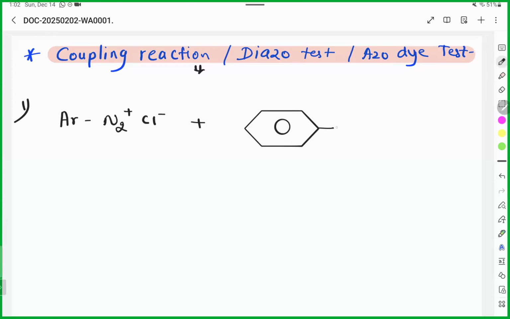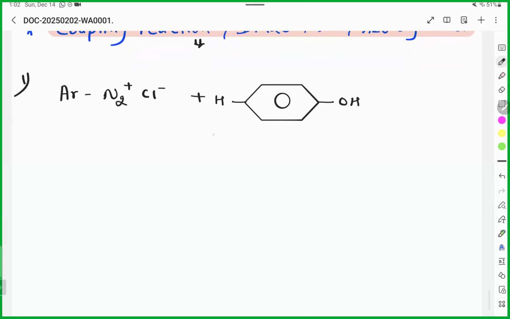So here at para position, you have phenol. What will happen? HCl will come out. And because phenol is acidic, it will react in the basic nature. Remember, this OH negative means basic medium, correct?